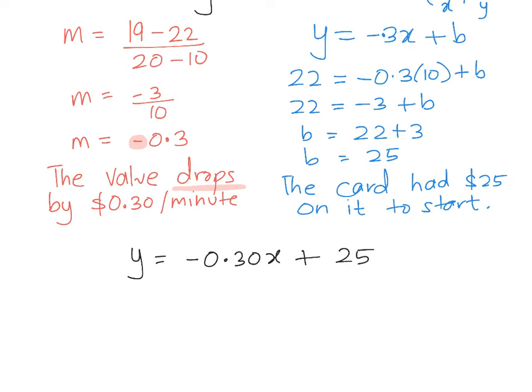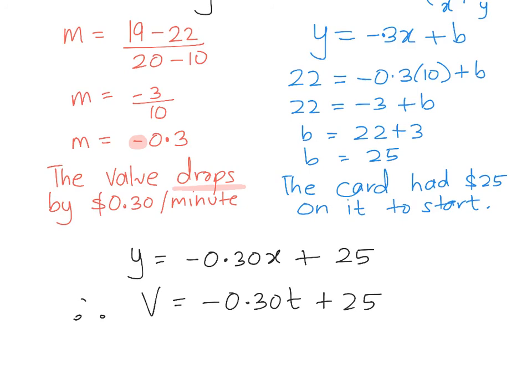Now remember, y and x are just generic variables. We have to use the variables that we need for the scenario. So in this case, x was our independent variable, which was time, and y was our dependent variable, which was the value of the card. So therefore, our equation would be v equals negative 0.30t, for time, plus 25. So that would be the equation of the line.